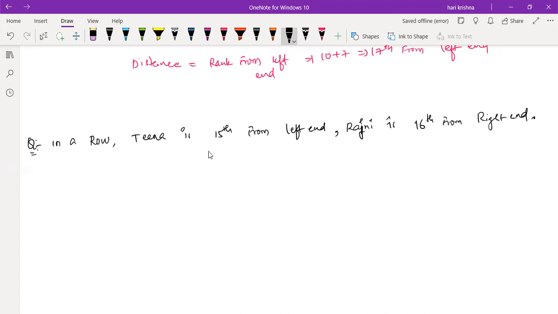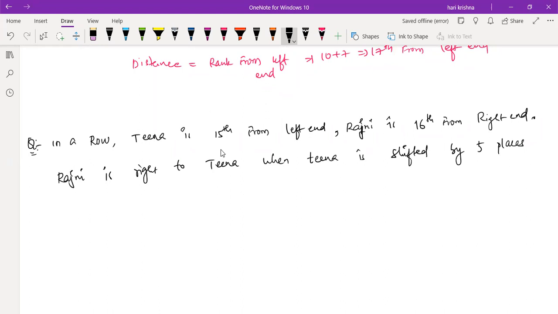Rajni is right to the Tina when Tina is shifted by 5 places towards her left.